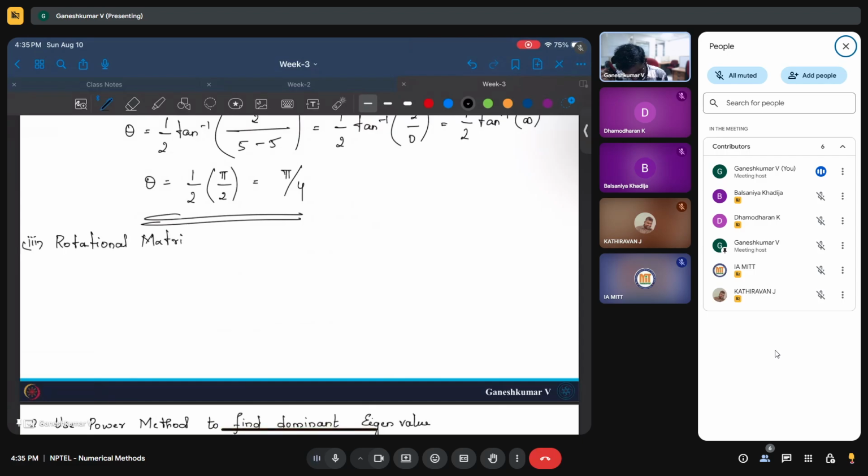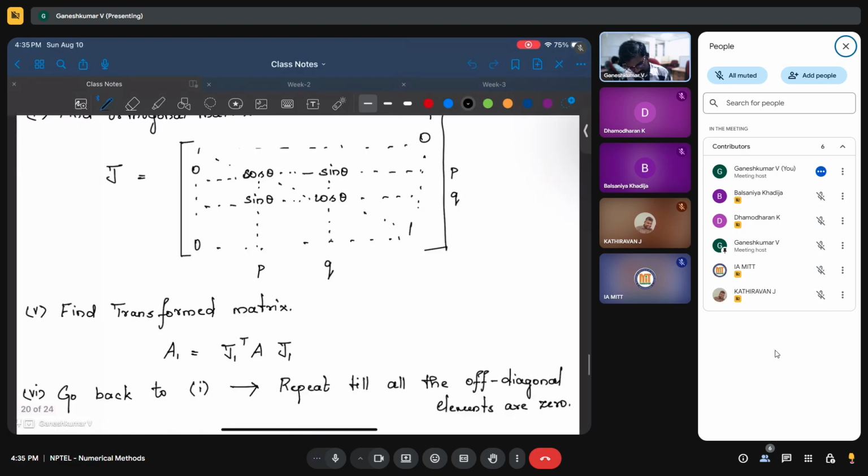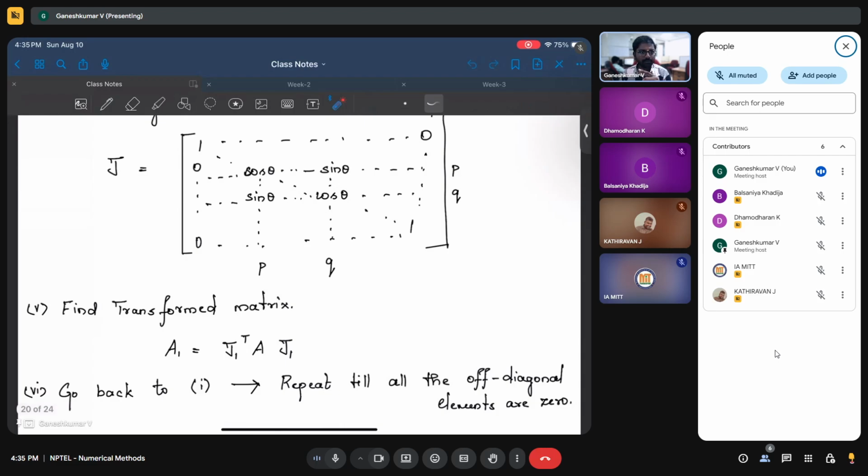So the rotational matrix is going to be J, and again of course it is going to be 3 cross 3, but where you have to place it, that's the question, right? So you take a look here. This is our rotation matrix, and you found p and q. P is 1 and q is 3.